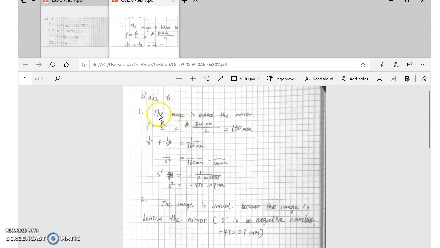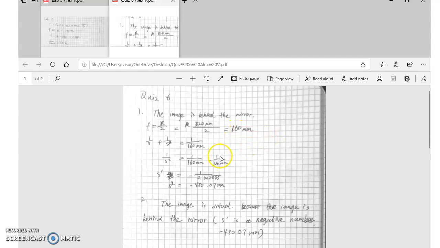For the first question, I believe it's asking where the image is. The image is behind the mirror, as we saw in the simulation. We know this because we can calculate the focal point, which is R over 2, which is 160 millimeters.